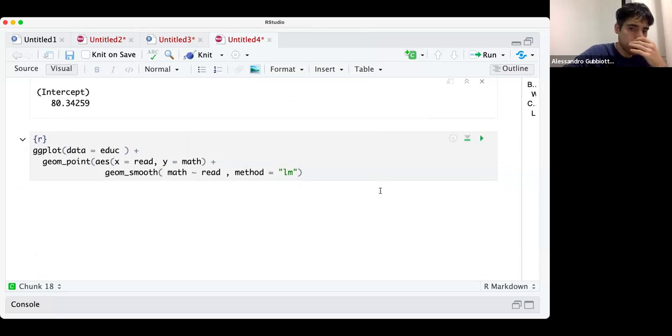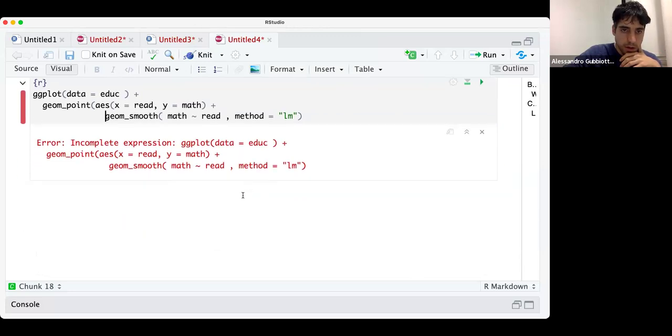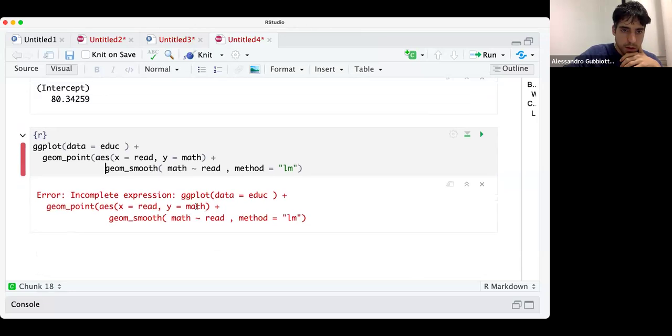Okay, now I think it works, but there are a lot of points, so no, it doesn't work. Incomplete expression. Okay, here.